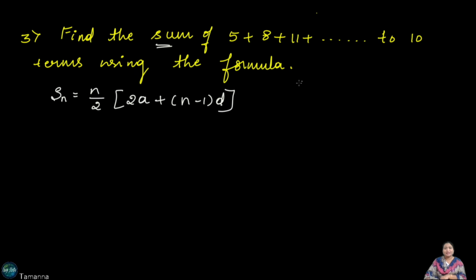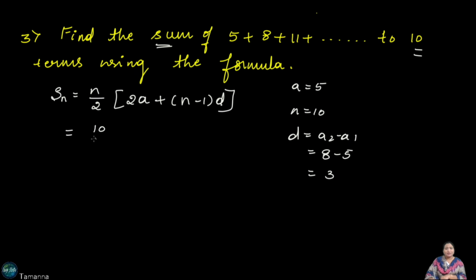So the given thing here is a is equal to 5 and n is equal to 10, and d is nothing but a2 minus a1, an easy task. What is 8 minus 5? That is 3. So all of the things are known, but Sn is unknown.